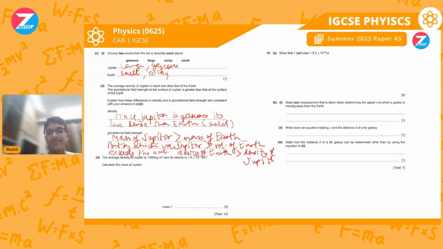So basically, the volume change offsets the density difference, which is why the mass of Jupiter is greater than the mass of Earth, which gives a greater gravitational field strength.